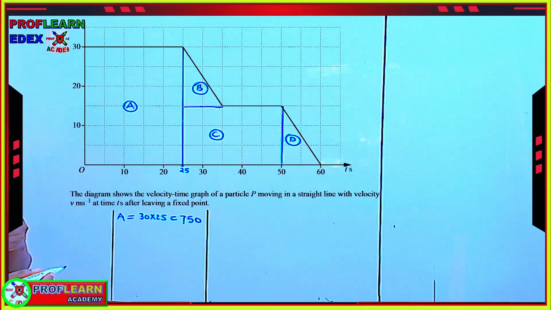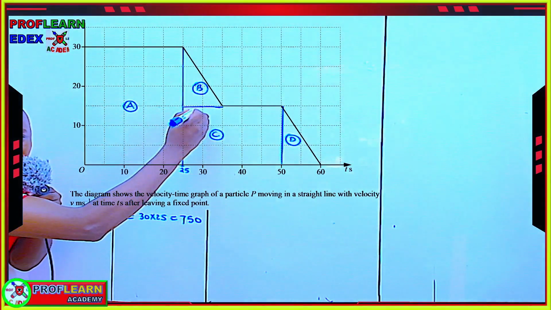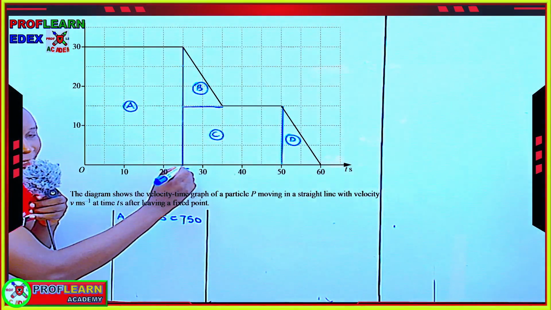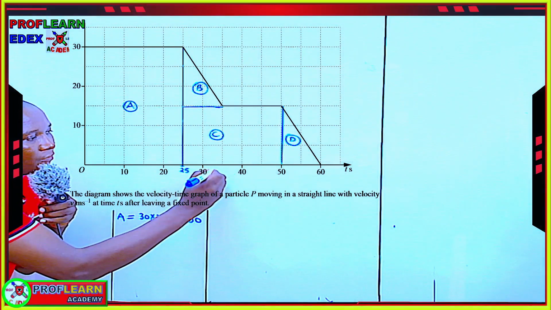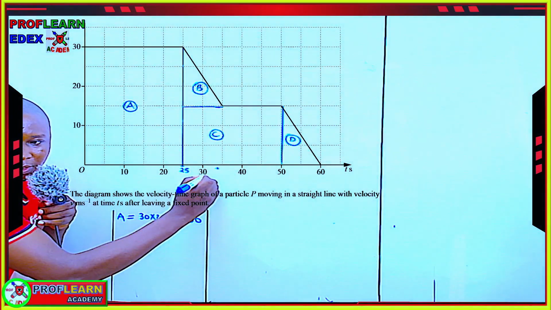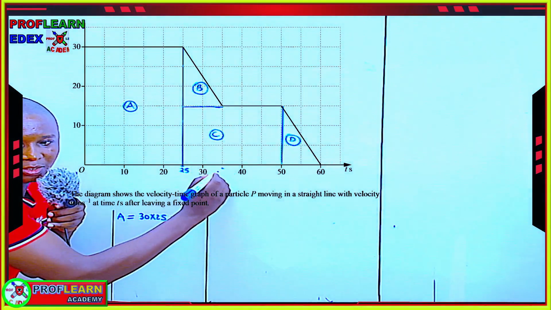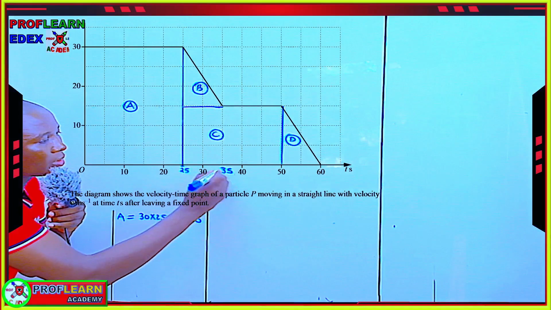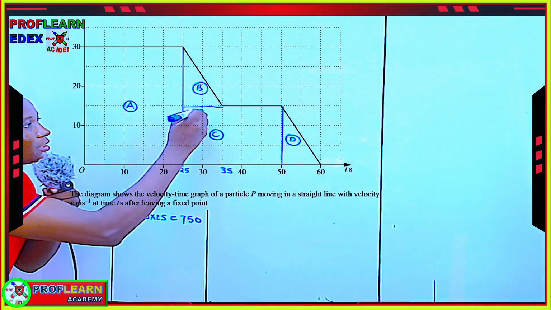Then I'm going to consider shape B. B is a triangle. What is the base of this triangle? If you look at this mark here, this mark is 35. So what is 35 minus 25? That is 10, meaning the base is 10.